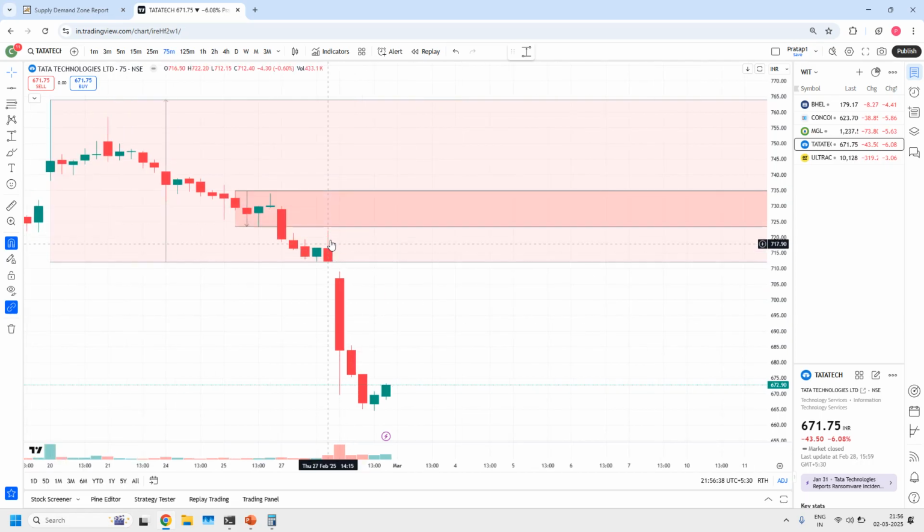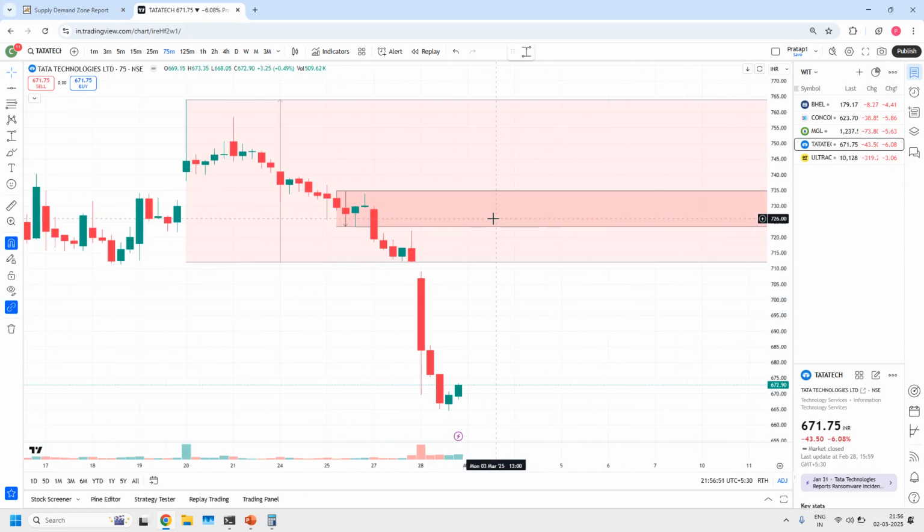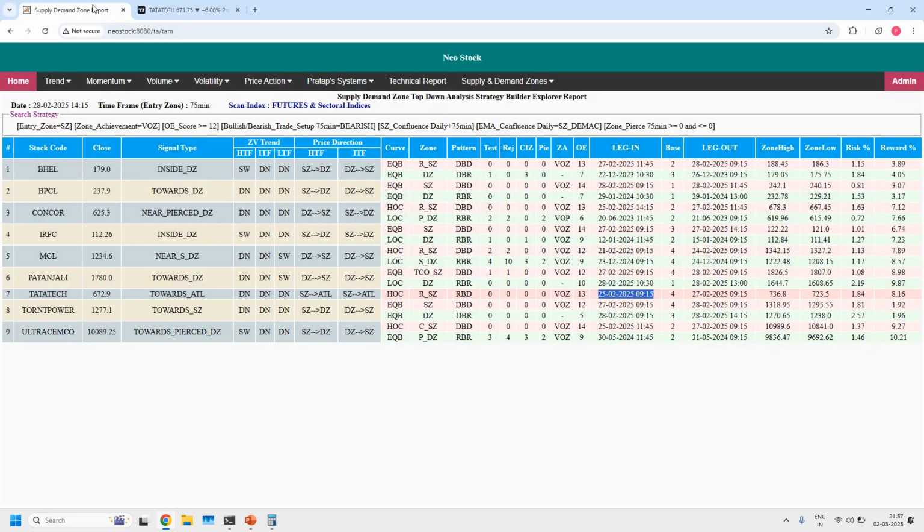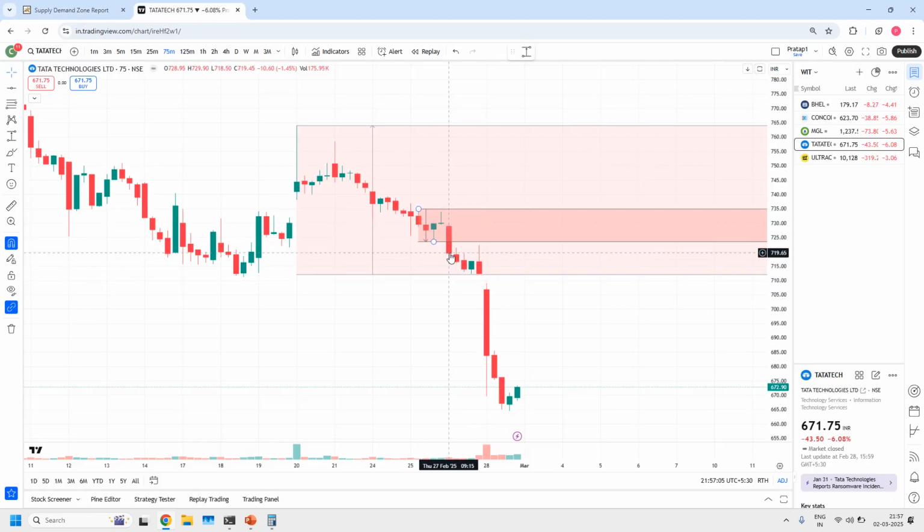Then why is it not identified? Maybe the software identified this as a large candle. This one, another large candle, no base candles, might have ignored this zone. This is the 25th February 9:15, Tata Tech, 4 base candles. 27th 9:15, this is a leg out candle qualified.